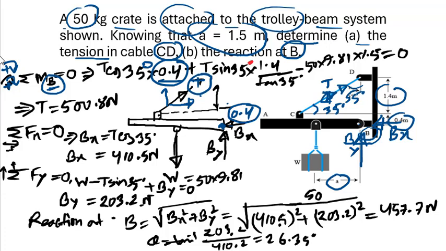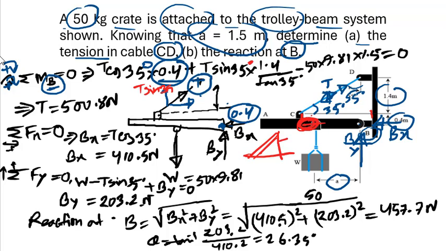For T sin 35, the perpendicular distance is 1.4. Because if we look here, it is a rectangle, and this one is T. But we don't know this gap value, so we have to find the total distance. That's why we can apply the formula of tan theta.